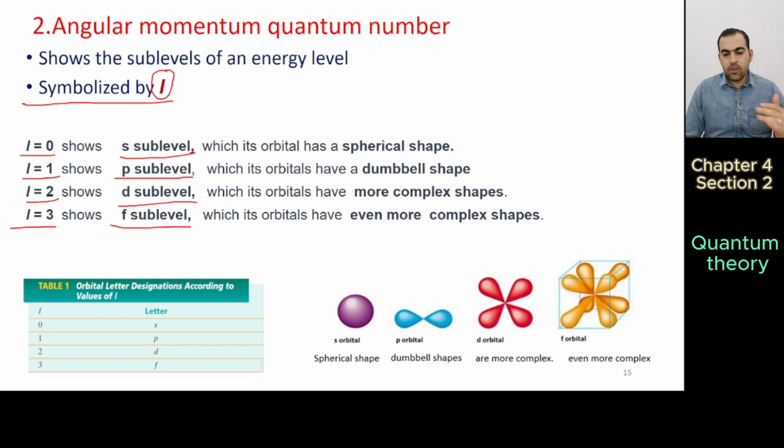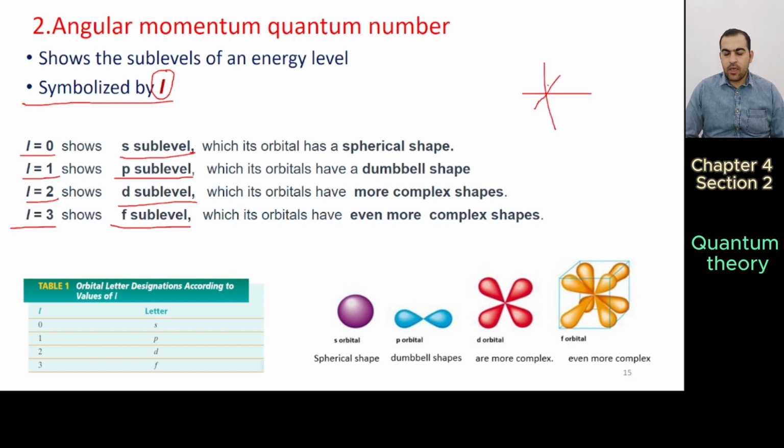Let's talk about the shape of the sublevels, the shape of orbitals in sublevels. When electrons spin around the nucleus, they make different 3D shapes.